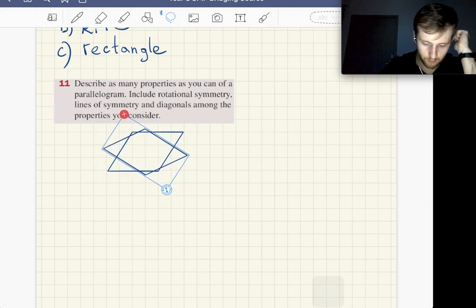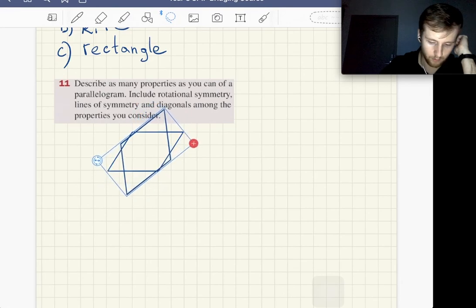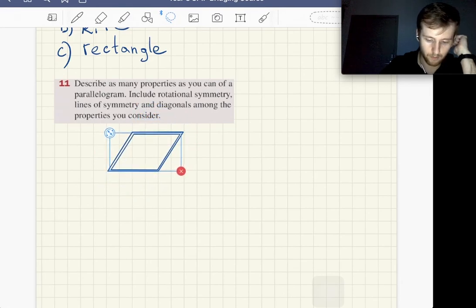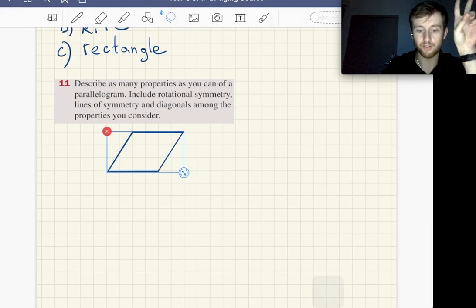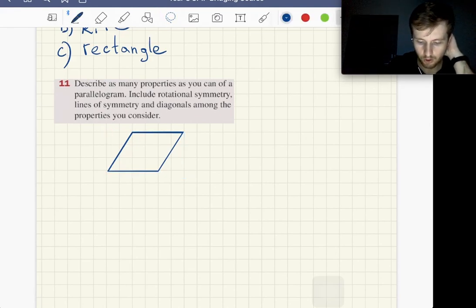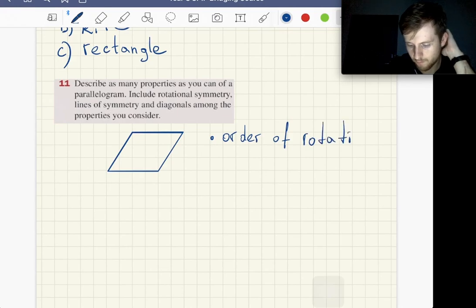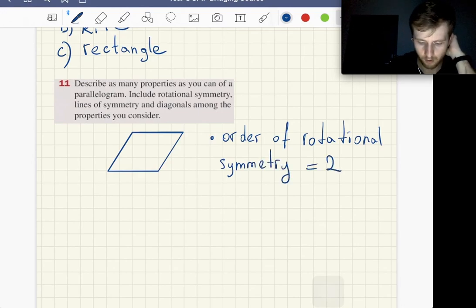We start rotating it. It's going to fit itself here, like this. So that's already 2 times. And then we come back to the original position. So rotational symmetry is 2. So first, we can say the order of rotational symmetry equals 2.